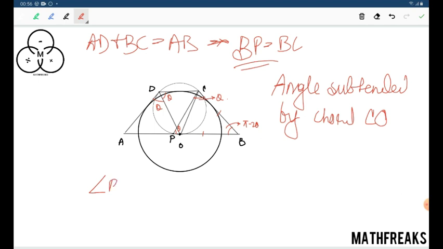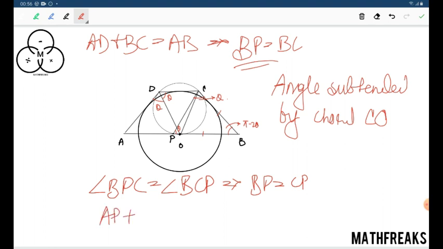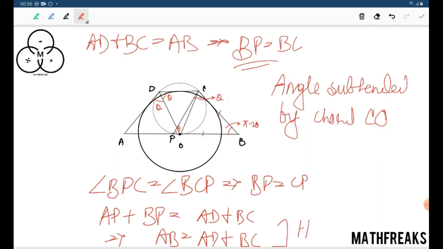Angle BPC equals angle BCP, which implies that BP equals CP. Now adding AP plus BP with AD plus BC, we have AB equals AD plus BC, hence proved.